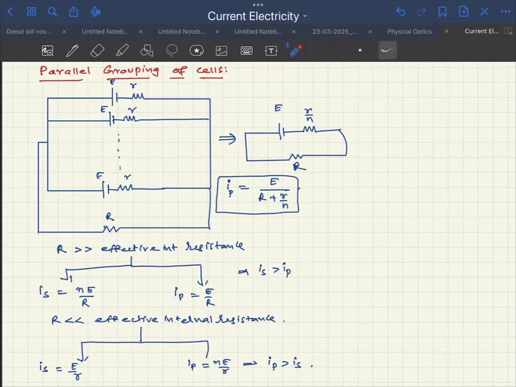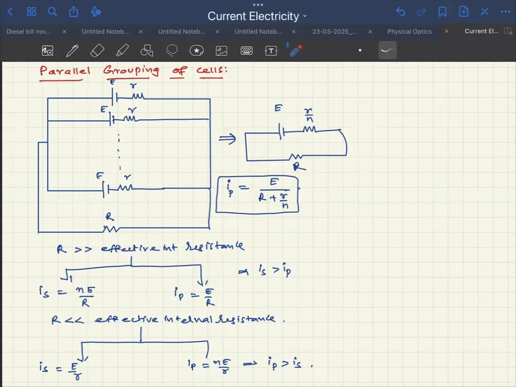Now what happens? In this case, all of that represents one single source of EMF. Remember, they are not added. All are in parallel, so the effective EMF is still E only. But all internal resistances are in parallel: 1 by R1 plus 1 by R2 plus 1 by R3, and so on.